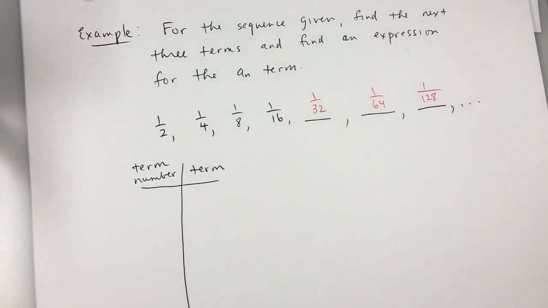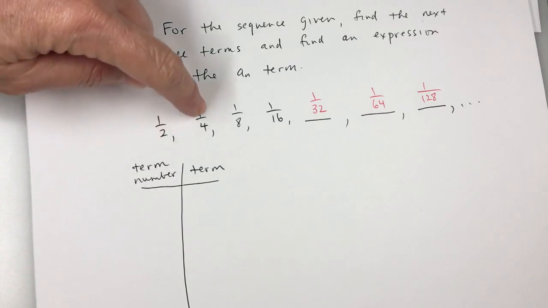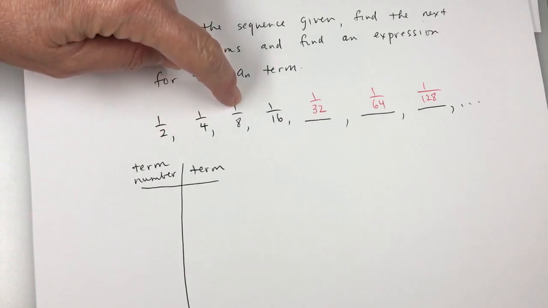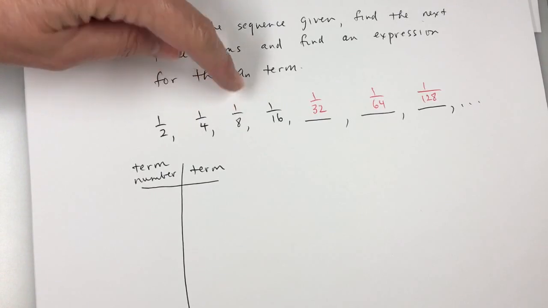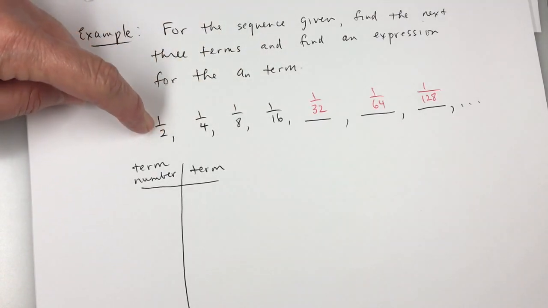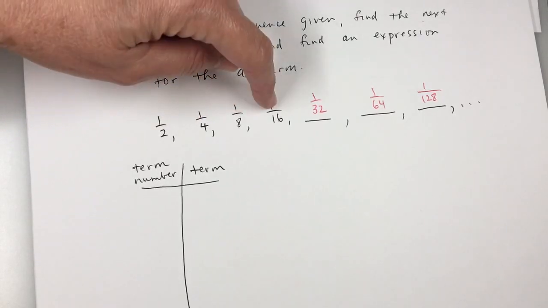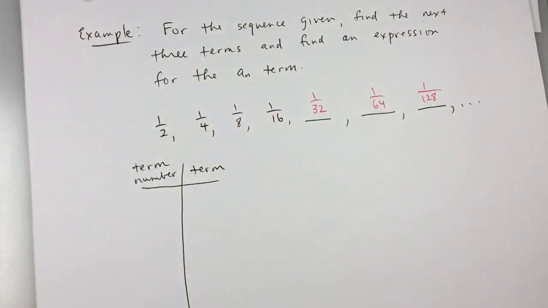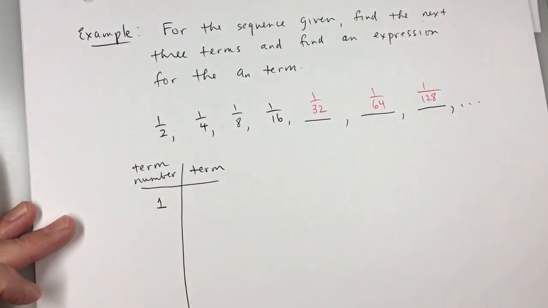Well, I started on the previous problem, and I called this term number 1, term number 2, term number 3. You really could probably start with whatever you wanted. Like I could say term number 0, term number 1, term number 2, term number 3. I could call it however I think it would work best for that problem. For this one, I'm thinking term number 1, I'm going to start with that.